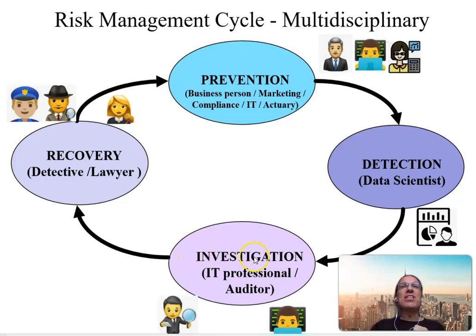Doing that investigation also needs data scientists, people like you. And then helping the detectives or the lawyers to recover the money also needs help from data scientists to get together all the data. So in all the risks, there are job opportunities for people in data science.